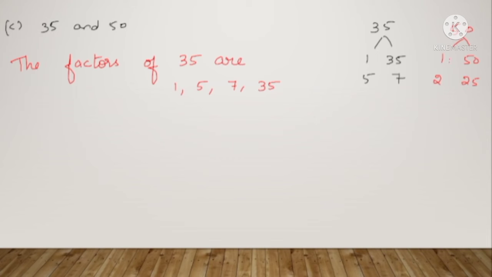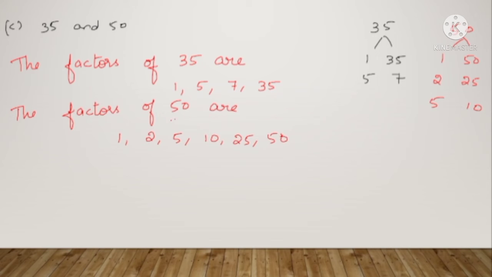So 2 25s are 50, and then 5 10s are 50. Similarly 10 5s are 50. So let us write down all the factors. The factors of 50 are 1, 2, 5, 10, 25, 50.